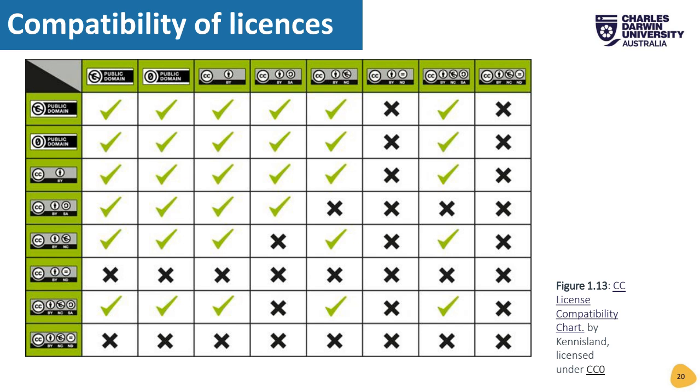The public domain is compatible with CC BY and CC BY SA and CC BY NC. But as you can see, as you go down, if you look at the CC BY ND license, you can see that it is not compatible with the public domain, is not compatible with CC BY or CC BY SA, and so on and so forth. So you can see that CC BY ND license is not compatible with the other licenses according to this particular table.